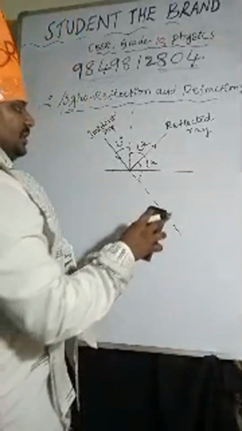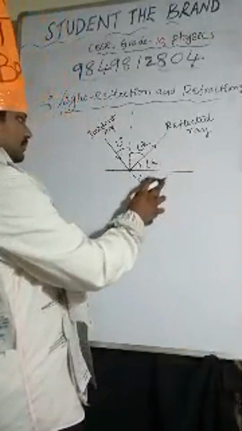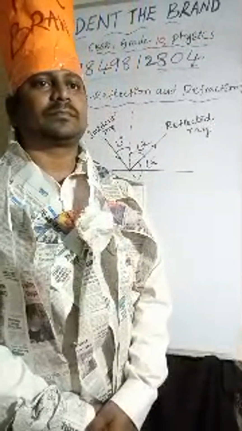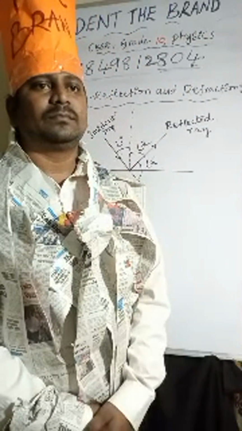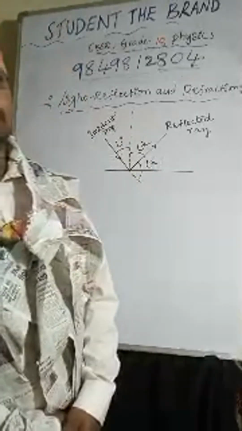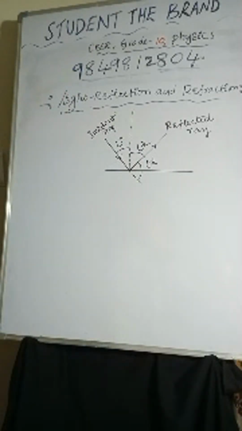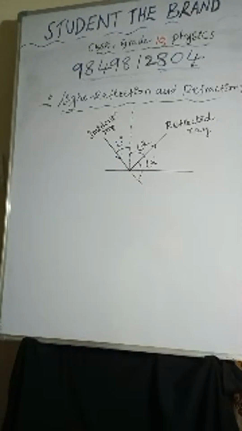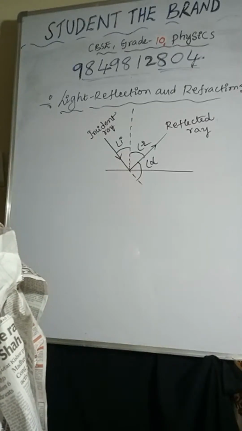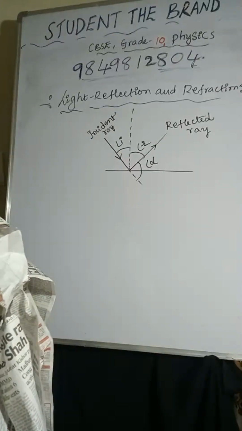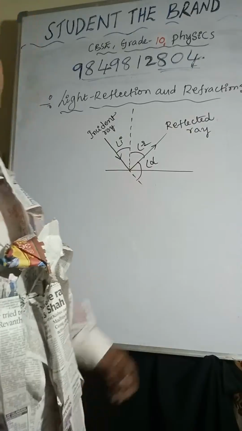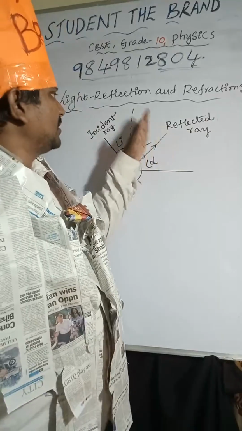Now you can observe here: incident ray, reflected ray, normal line.